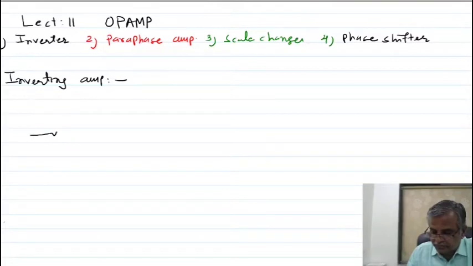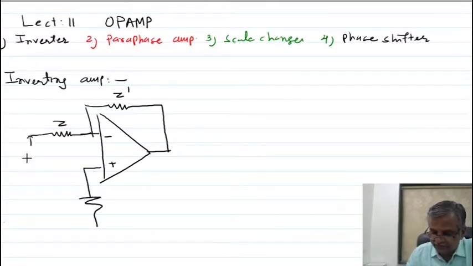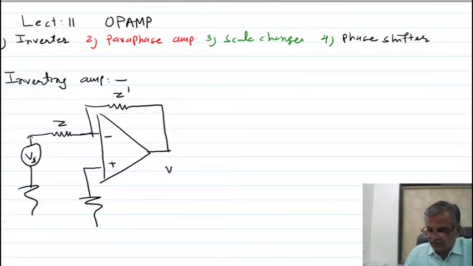The circuit diagram of the inverting amplifier with feedback impedance Zs and input impedance Z is shown in the figure.